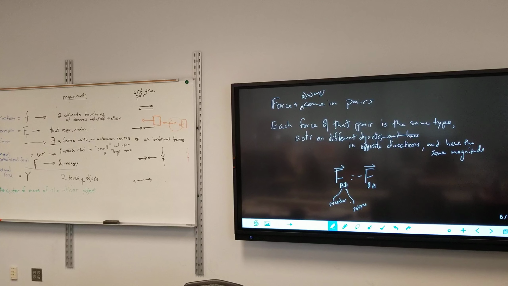So the force of gravity acting on me is pointing downwards towards the center of mass of the Earth, which we assume is the center of the Earth. And the gravitational force acting on the Earth from me is pointing up towards my center of mass, which is somewhere around here.